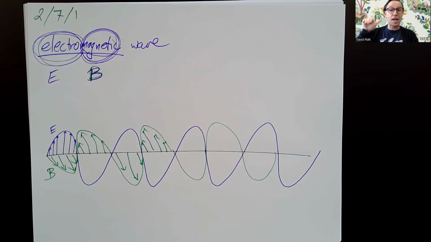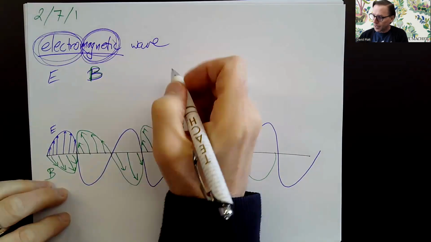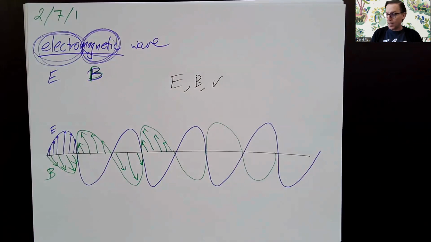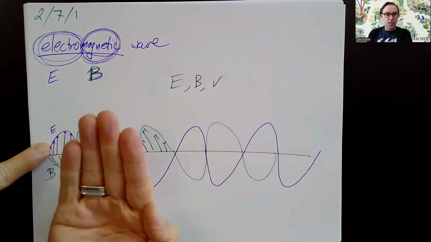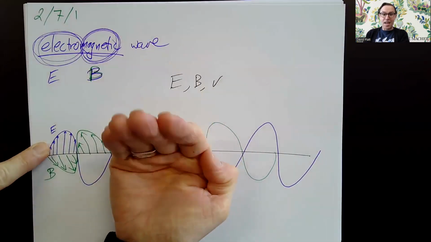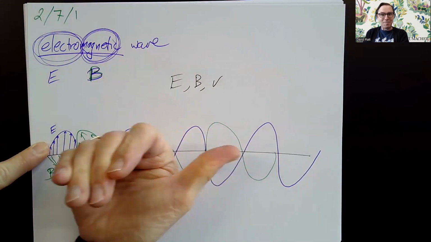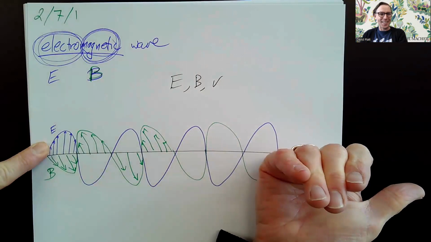And then say E, B, V. If you say that over and over, E, B, V, in that order, if my fingers point in the direction of E, and then I make them point in the direction of B, my thumb points in the direction of V.